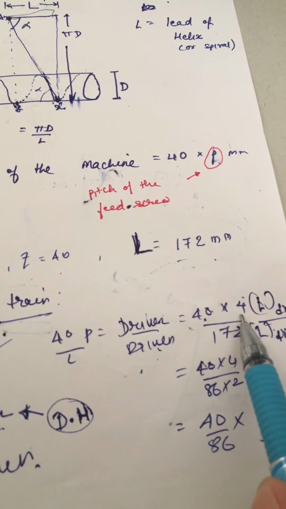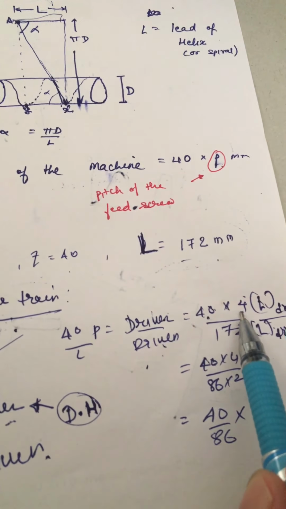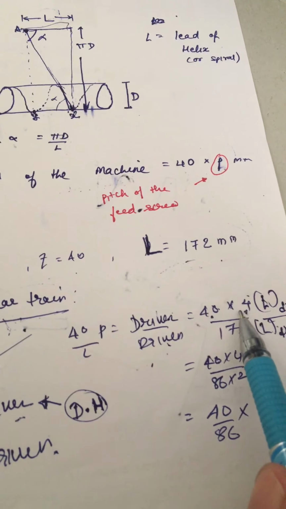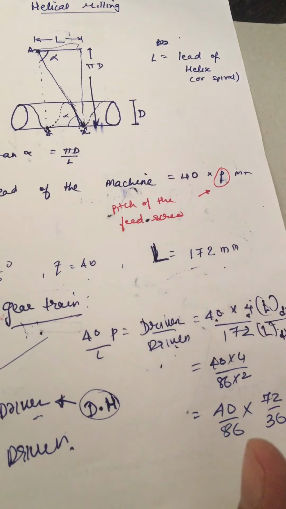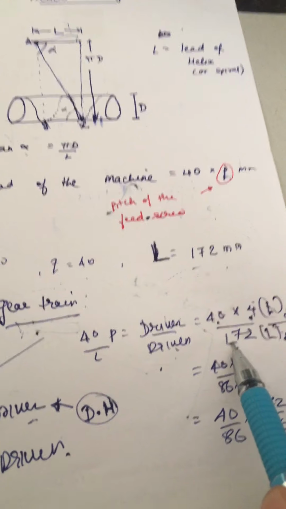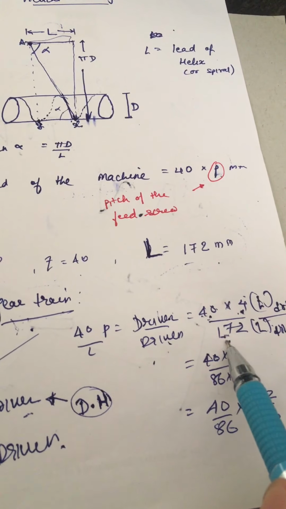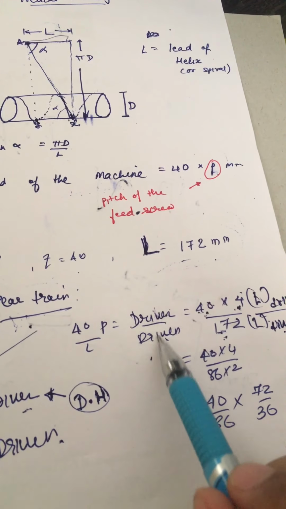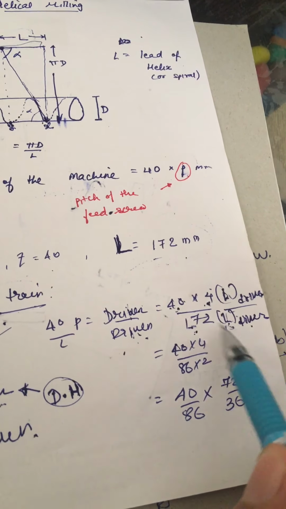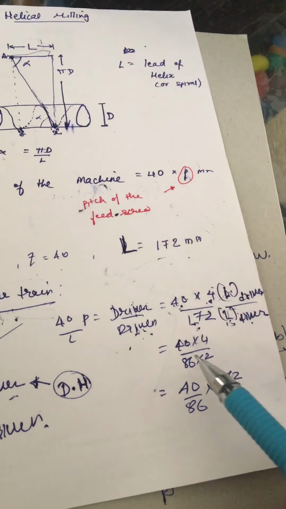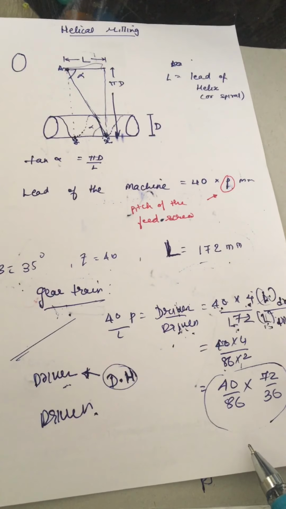So that is why 40 into P. Generally the lead screw or feed rod has 4 TPI, so we take it as 4. And L is the lead of the helix that we want. So that is 40 by 4 into 172. The gear ratio is inversely proportional to the lead, so the driver is taken in the denominator in terms of the lead, and the driven in the numerator.